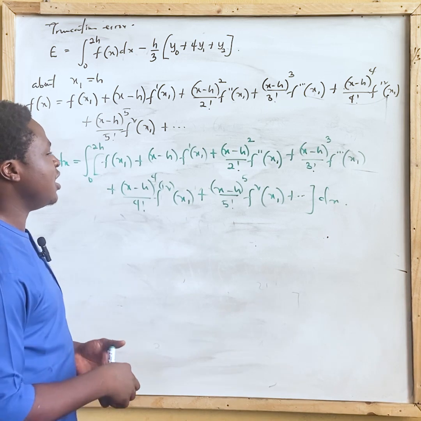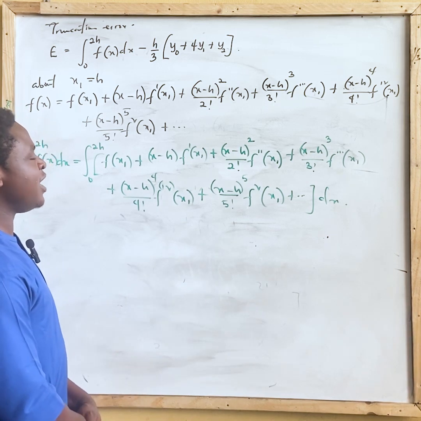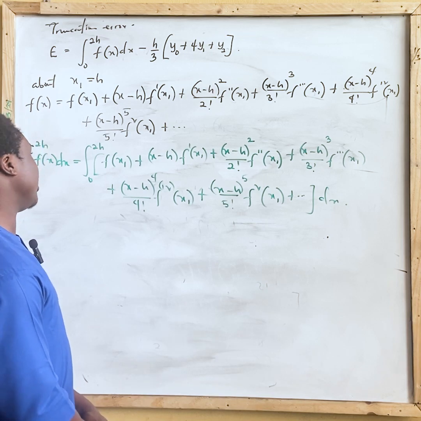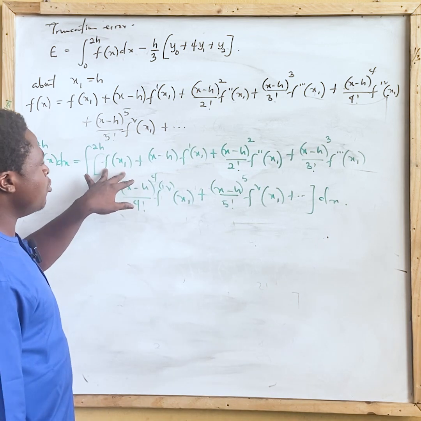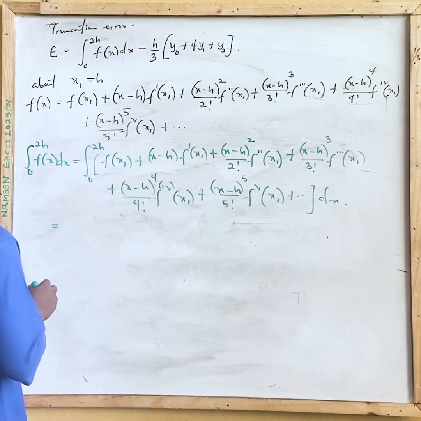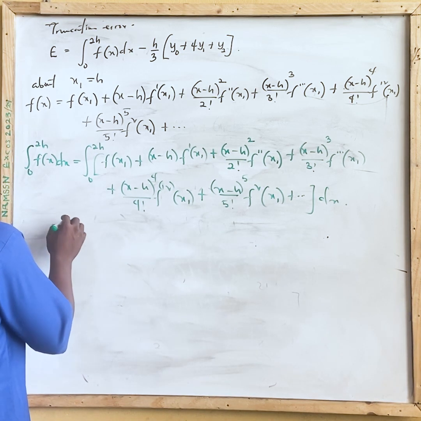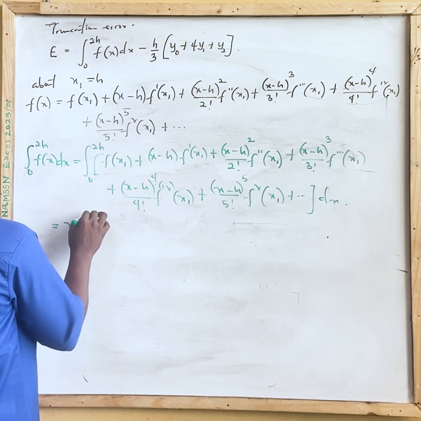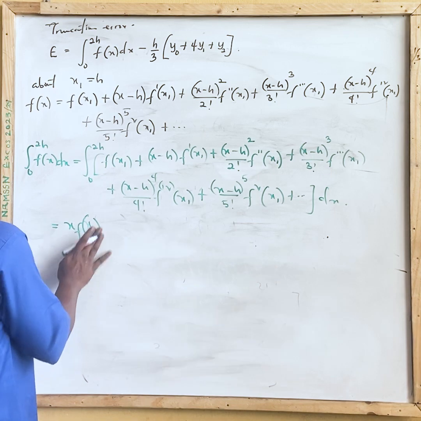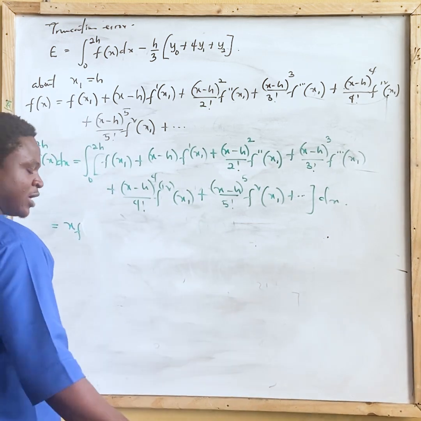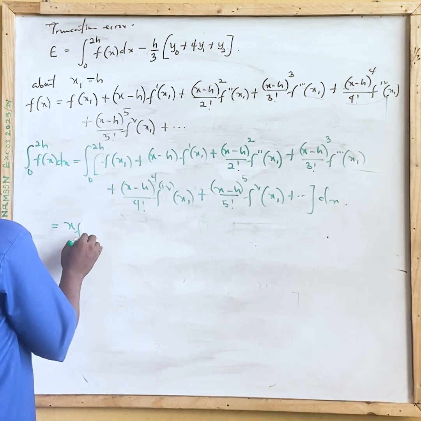Of course here the only variable is x, so every other quantity we are seeing is a constant. So this guy will be a constant, and I would have x times f of x1, or let me just say f1 so that I manage our space. So x f1.